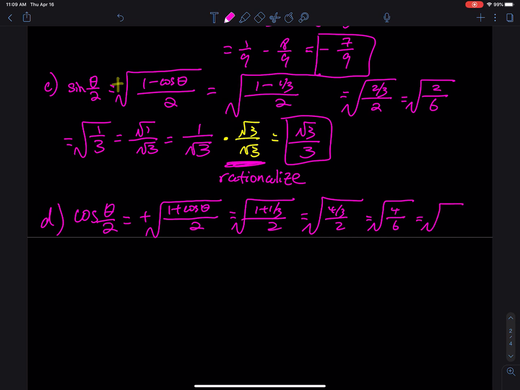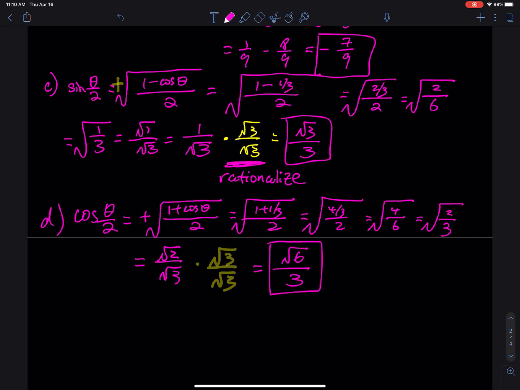So this will be 2/3, and then you have root 2 divided by root 3. Nothing can be simplified, but I have to rationalize. So root 3 and root 3. We have root 2 times root 3 is root 6. The bottom is 3. So this is finished.